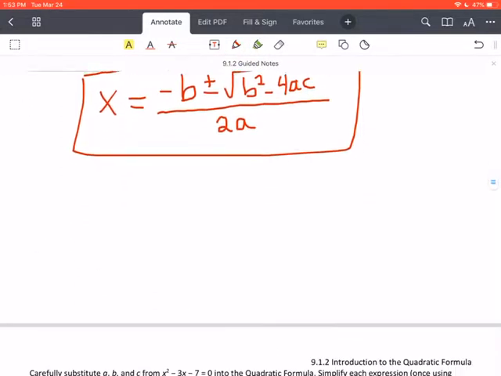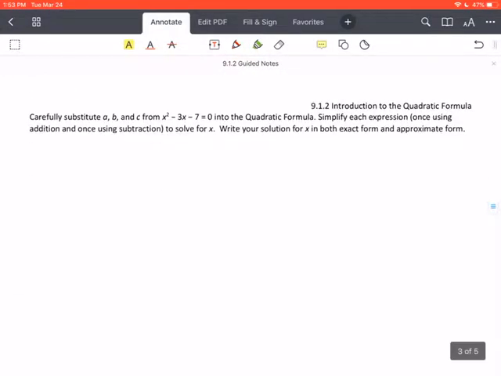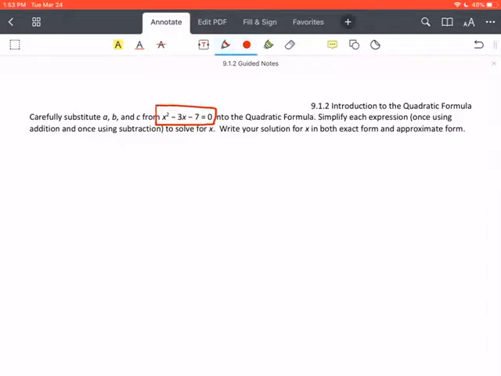So now we are going to apply it. It is very procedural, very robotic, sometimes I say to you guys. So what we want to do is we're still working with this same quadratic equation. And if you recall, our A was 1, our B was negative 3, and our C was negative 7. When we use the quadratic formula, we only plug in numbers.